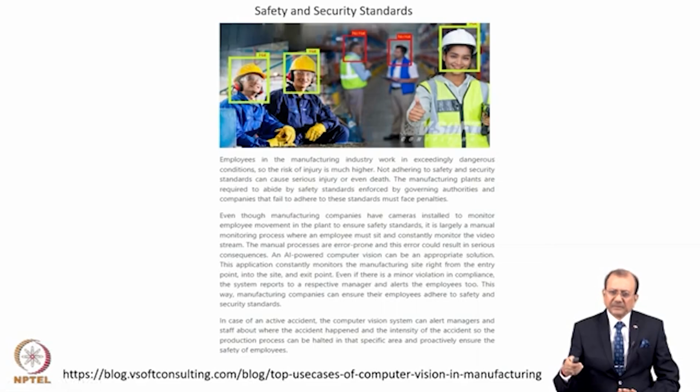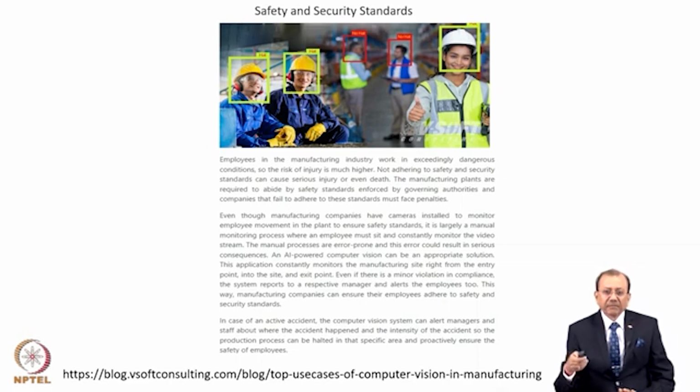This is a different use of computer vision in the case of personal safety in the field, where a computer vision camera can figure out where the staff is, and whether they are wearing all safety gadgets correctly or not. If they are not, an alarm is generated to the control room that so-and-so staff has entered this area and is not wearing the required safety glasses or safety helmets, etc.